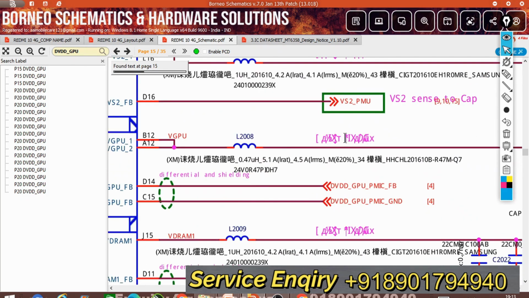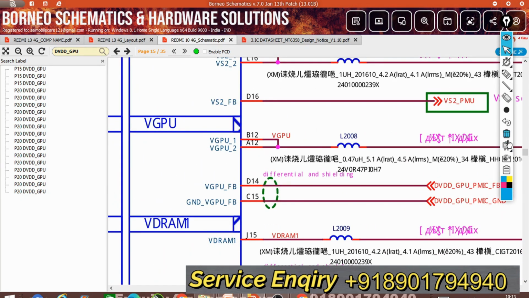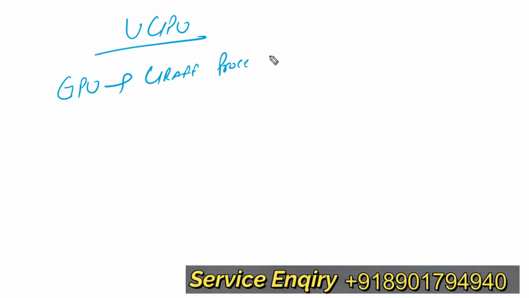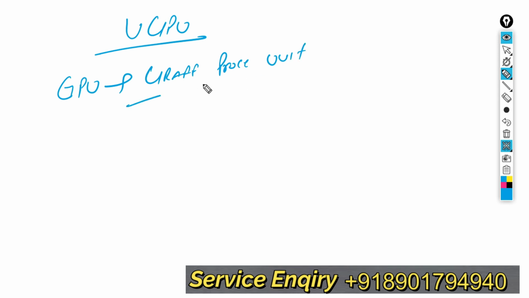Most of the time you will hear about the GPU when you build a PC or a laptop: the major component for gaming or high-end video editing is called the GPU, a graphics processor unit, a special processor for high-end graphics.